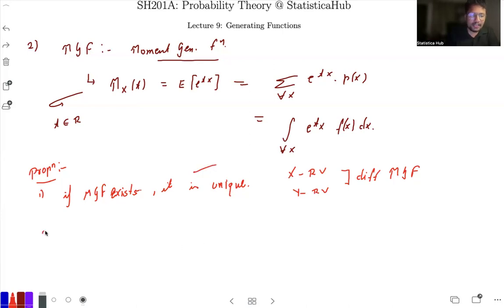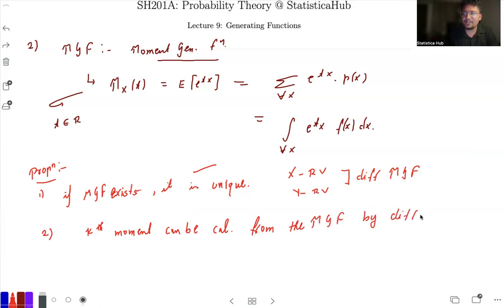Moving to the second property, the kth moment can be calculated from the MGF by differentiating the MGF k times and using t equal to 0.